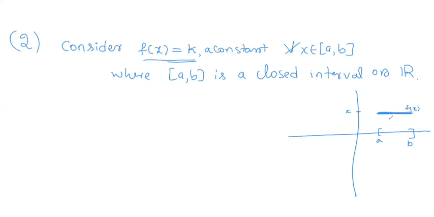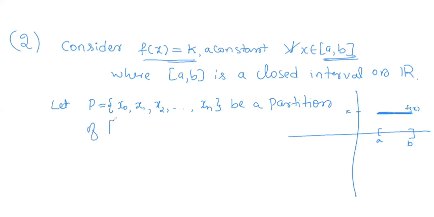Now to talk about Riemann integrability, first of all, we need a partition of the closed interval a comma b. So let P equals x0, x1, x2, and so on up to xn be a partition of the closed interval a comma b.